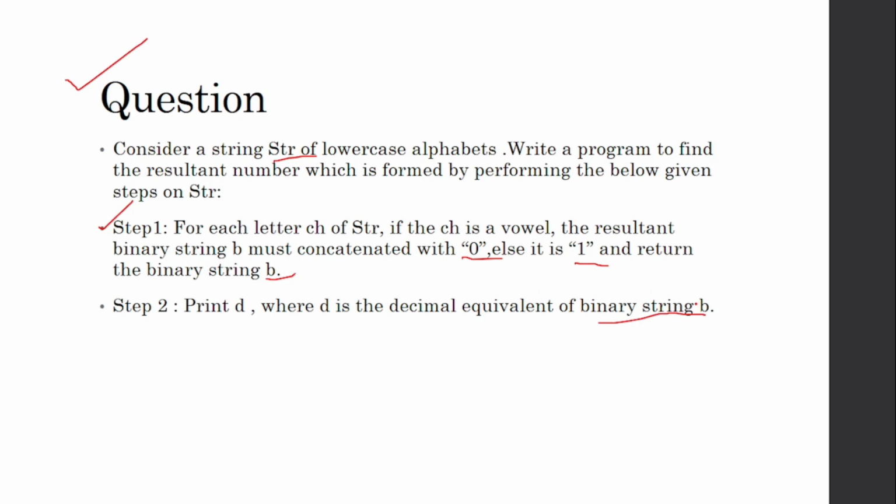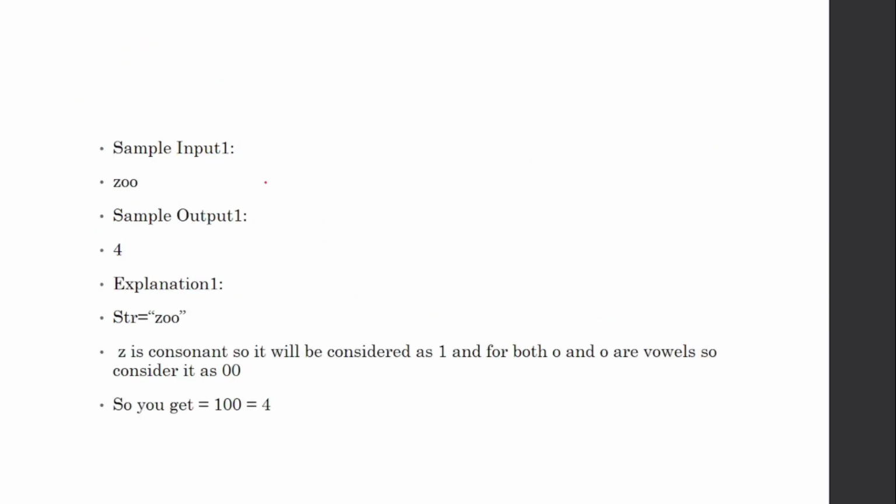Okay, so now let's see the first example, then you can easily understand what this question is saying to you. In the first example, your input is zoo, because you have to take a string as input, and your output is 4. How will you get this 4? Because this is your zoo.